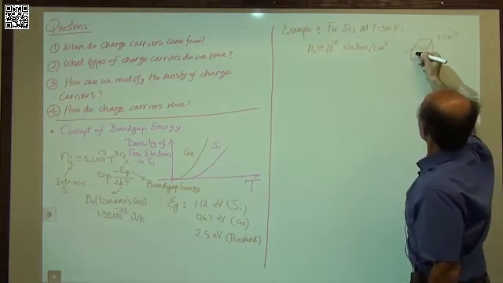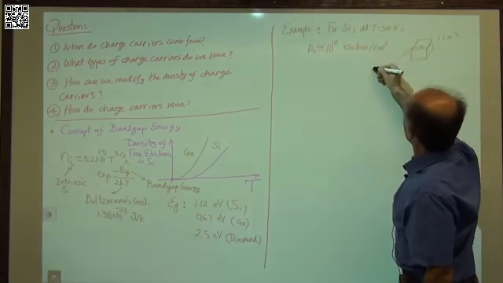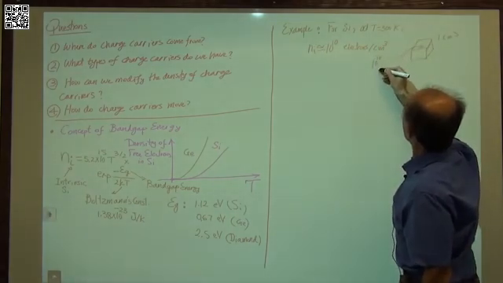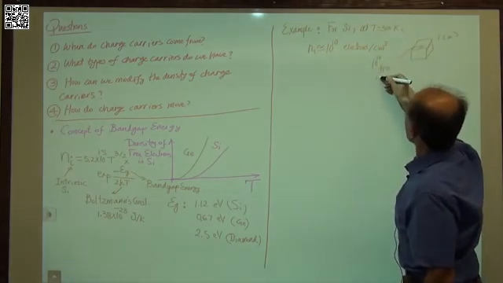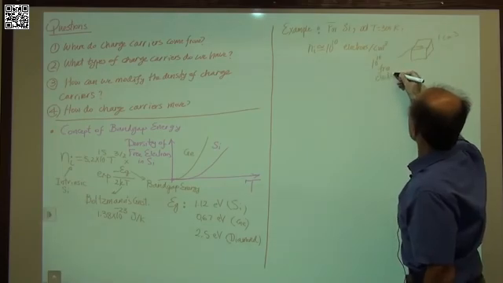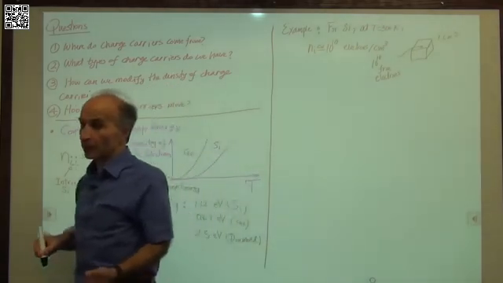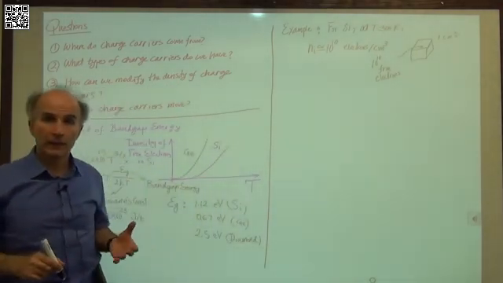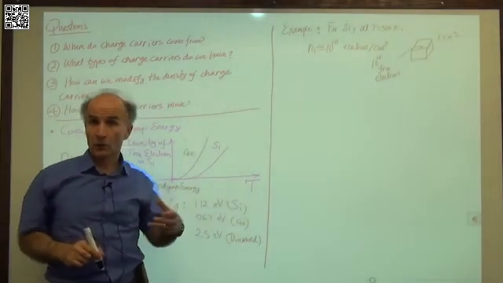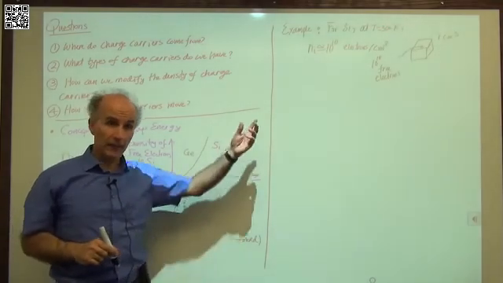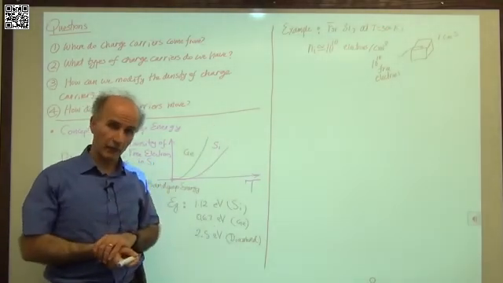Then inside here we have 10 to the 10 free electrons. Okay? So that gives us a feel for what kind of electron density or conductivity we might have in a piece of silicon at room temperature.